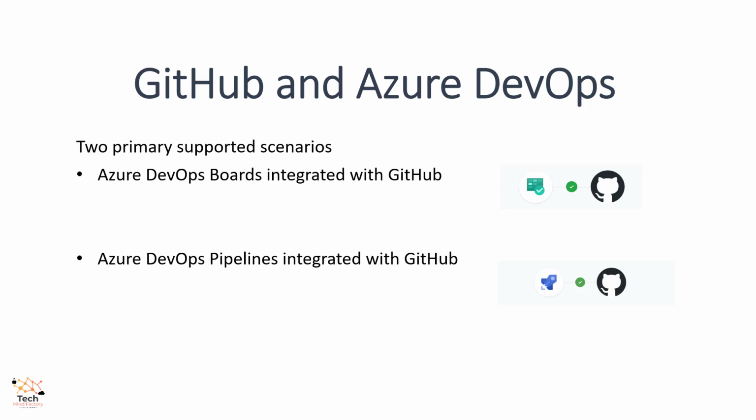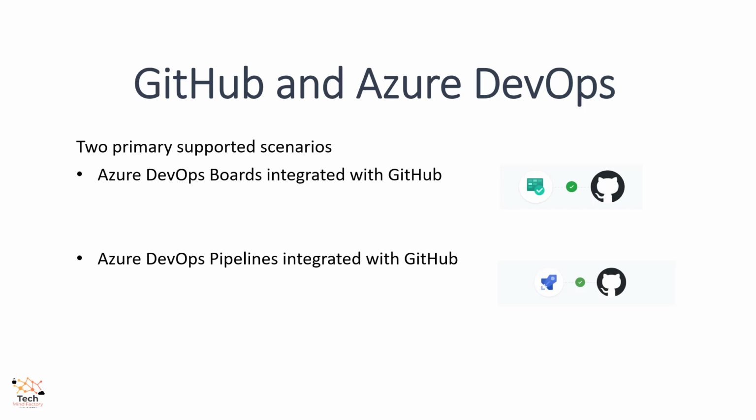So in this case, there is a connection between GitHub and Azure DevOps. In GitHub, when you create a pull request, you can reference work items from the Azure DevOps boards. Of course, as I mentioned, the connection has to be established, and then you have access to the work items from your backlog inside GitHub.